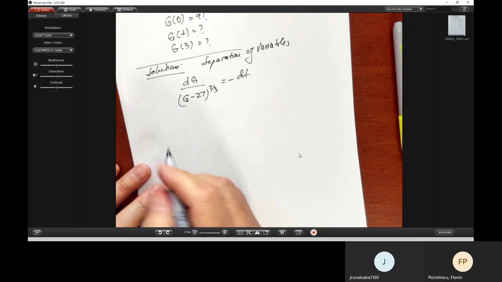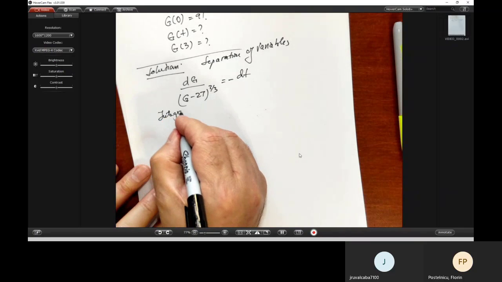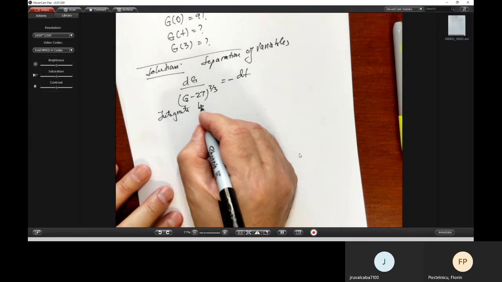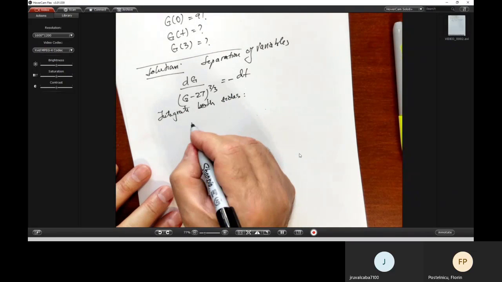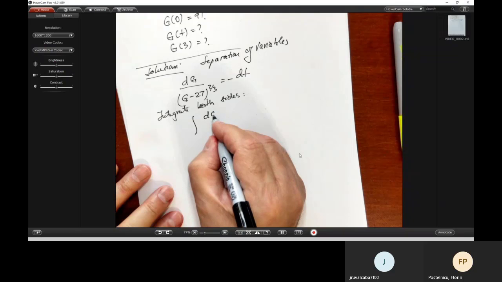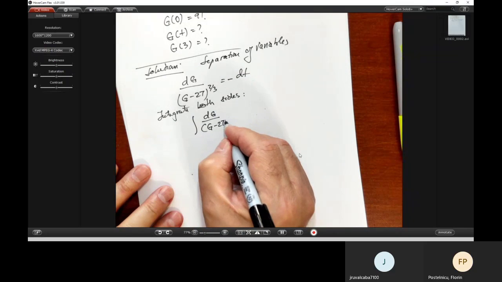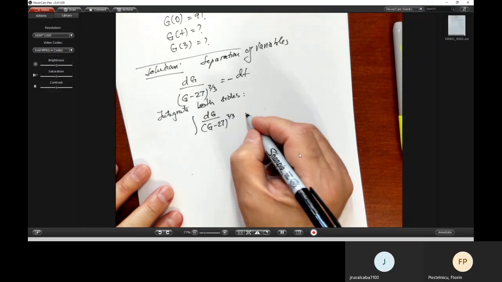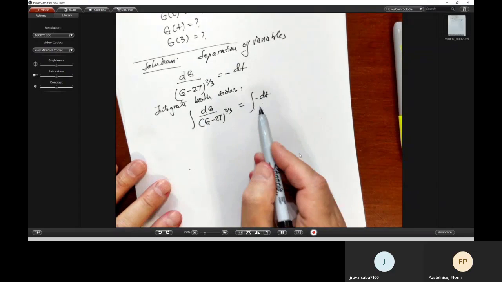So let's do that. Integral of the left side should be equal with the integral of right side, which is negative dt. On the right side, I can figure out immediately what is that integral, because negative is a constant, negative 1, integral of dt is t, so negative t, and I will add the constant right there.